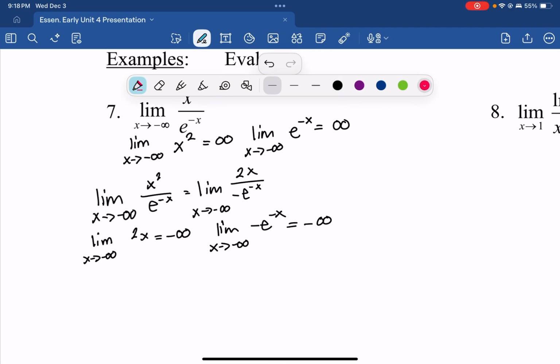Okay, I'm just going to write out here in pink so you can see, right? Like 2 times -infinity equals -infinity. And -e to the negative -infinity, negative e to the positive infinity, which is going to give us negative infinity. Just so you can see my little kind of work there.